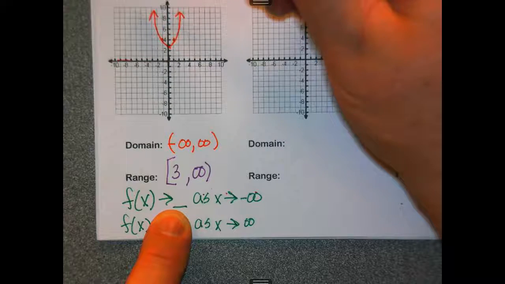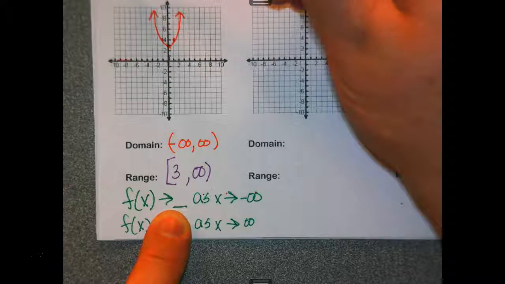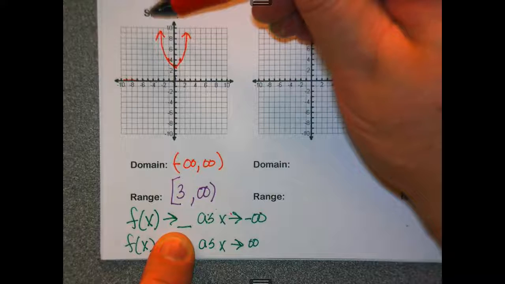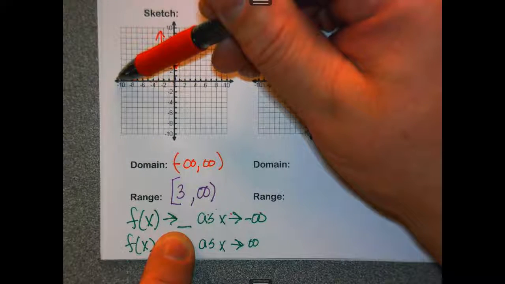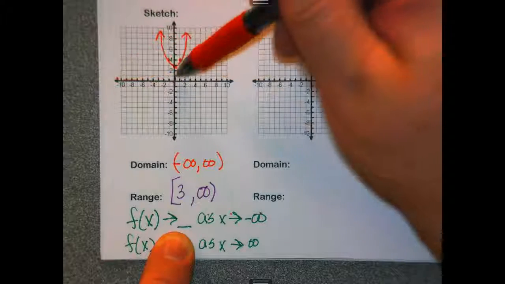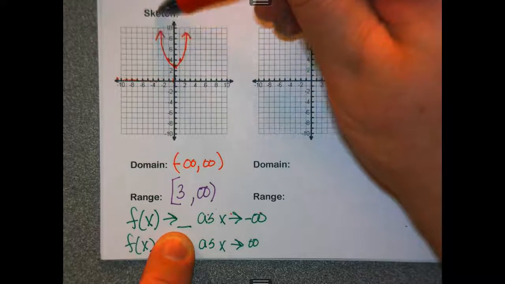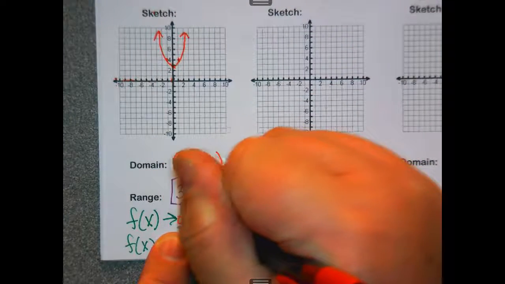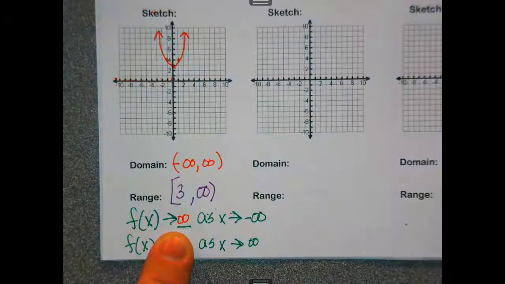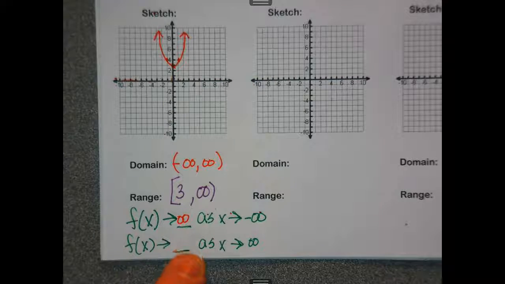It goes up to positive infinity. Are you with me? As x values go to the left or negative infinity, my y values go to positive infinity.